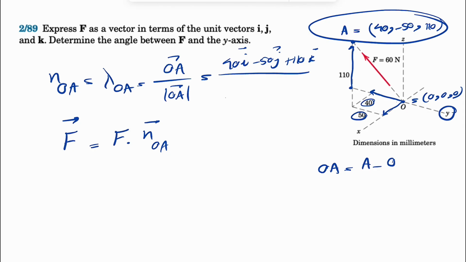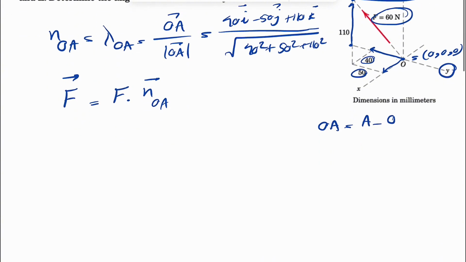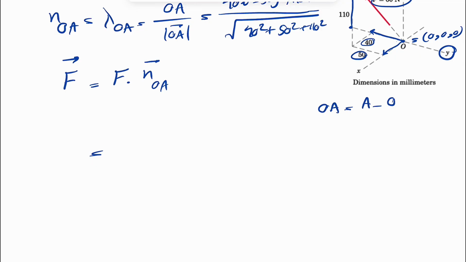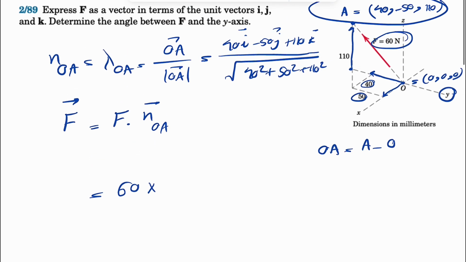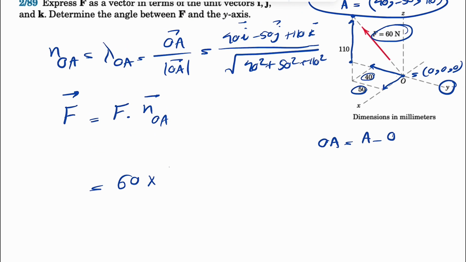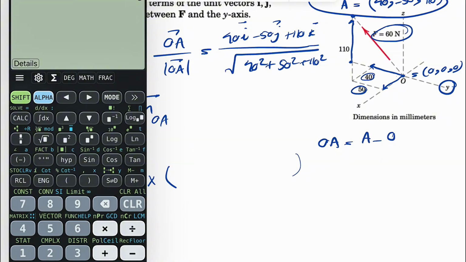The magnitude would be the square root of 40 squared plus 50 squared plus 110 squared. We can see that our F in the question is 60 newtons. So basically we have 60 times that vector. Let's find the different components. Let's figure out the denominator first.